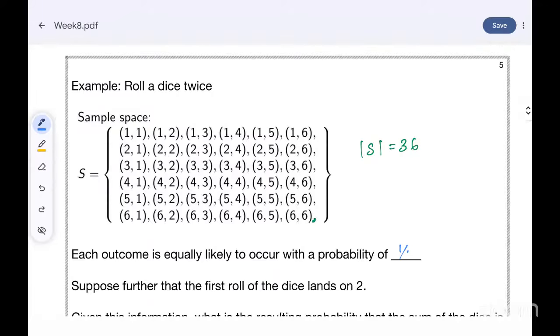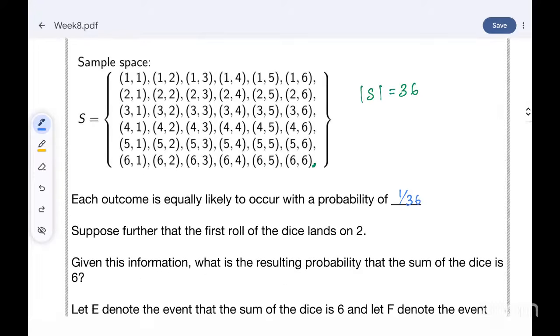Now suppose further that the first roll of the dice lands on 2. Given this information, what is the resulting probability that the sum of the dice is 6?